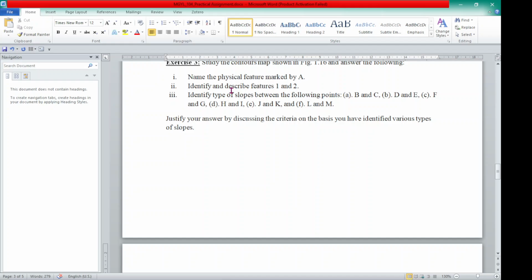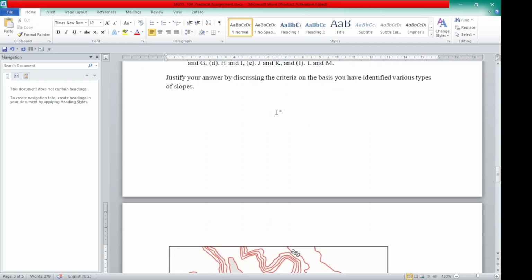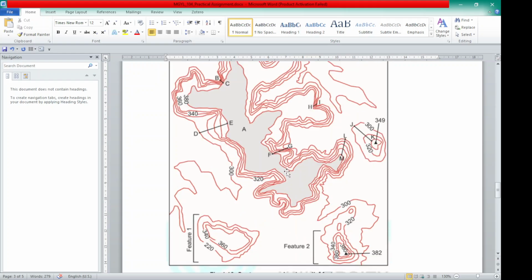The next question is: identify and describe features 1 and 2. So where exactly do we have 1? We have 1 over here and 2 is here. So let's see what exactly those are. Here also the slope is rising.